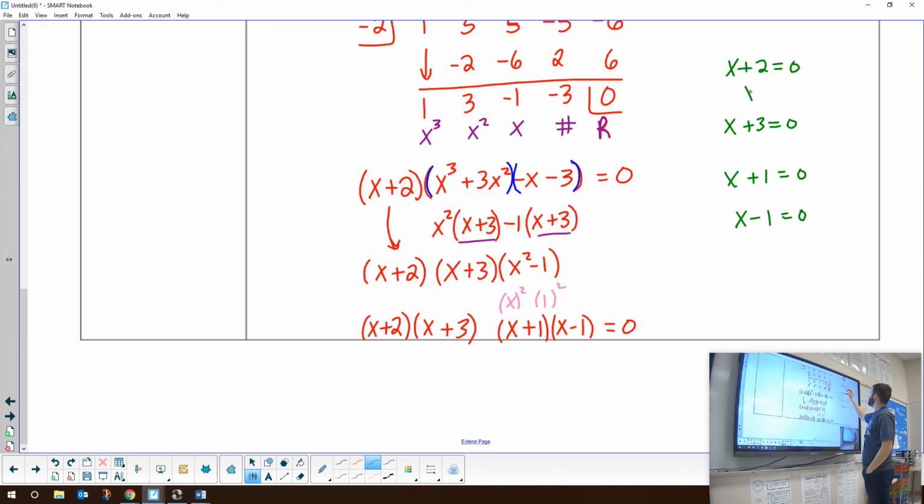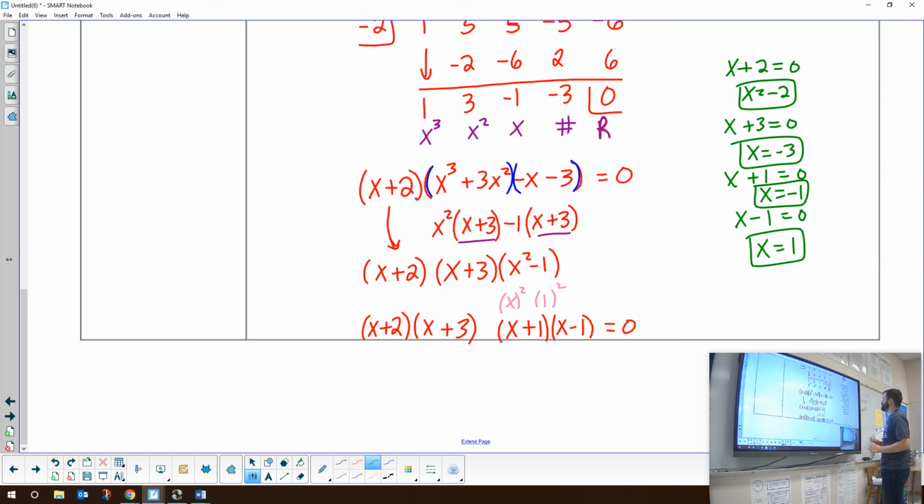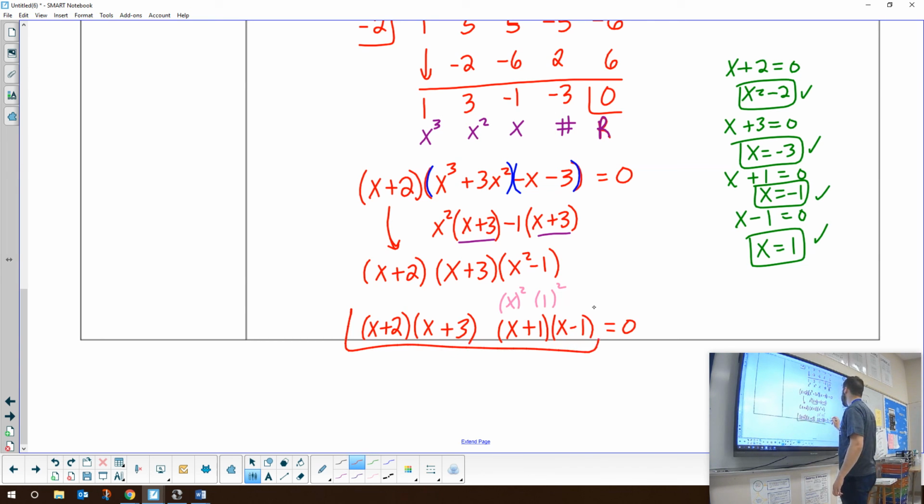So we're going to get an answer of x equals negative 2, x equals negative 3, x equals negative 1, and x equals positive 1. So here are all my solutions for this. Here are all my factors, and that x plus 2 was indeed an original factor.